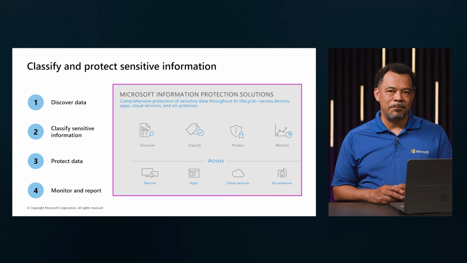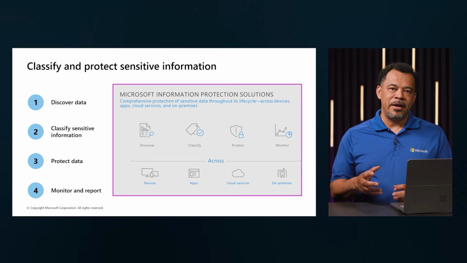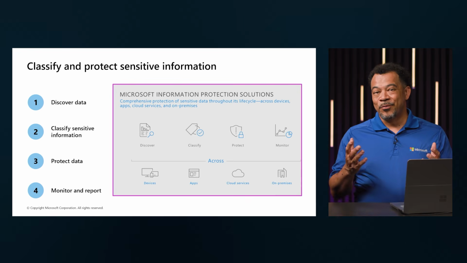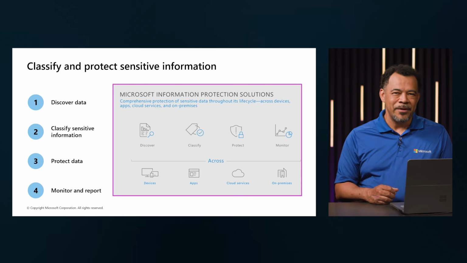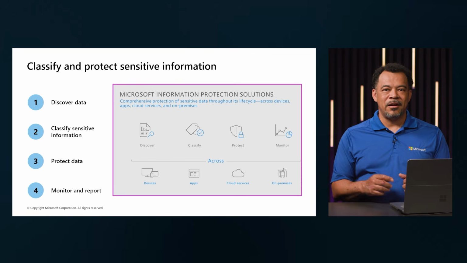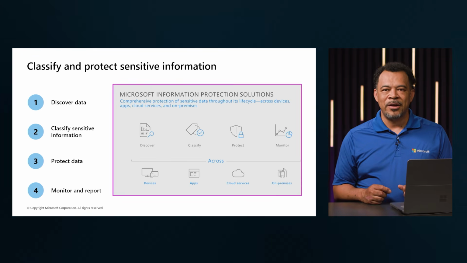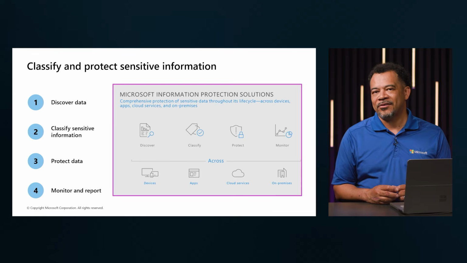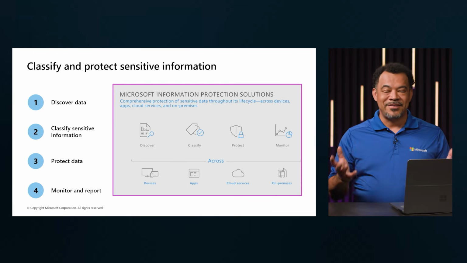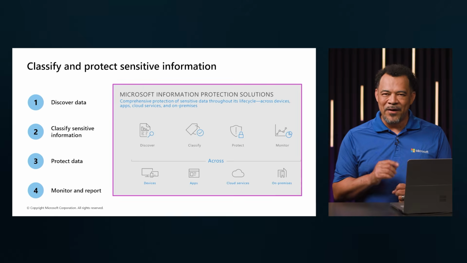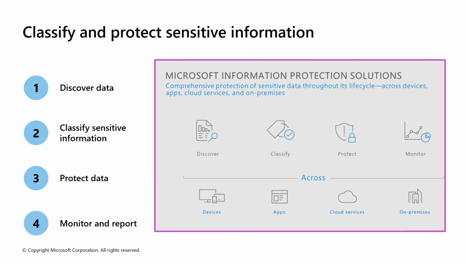With classification in place, Defender XDR enables organizations to protect data through things like encryption, access controls, and data loss prevention policies, or DLP policies. Continuous monitoring ensures that any unauthorized access or data movement is detected in real time. And finally, reporting provides visibility into data usage and protection effectiveness, supporting audits and ongoing risk management processes that you may have in place.